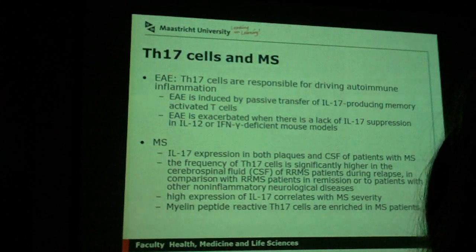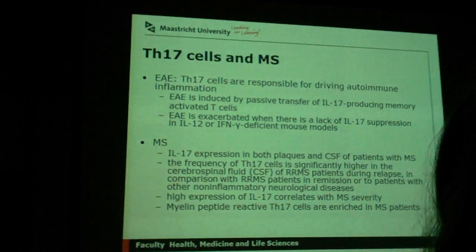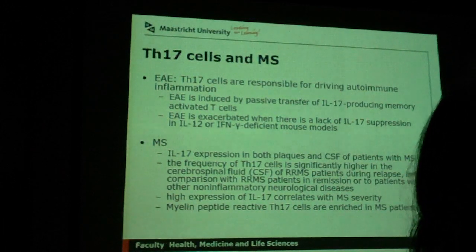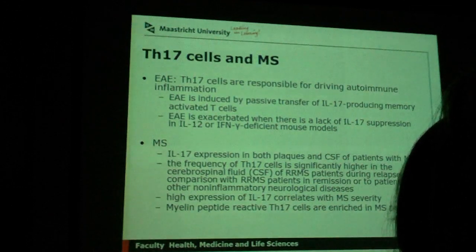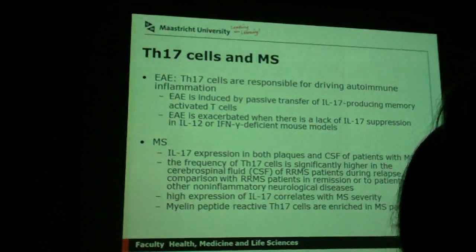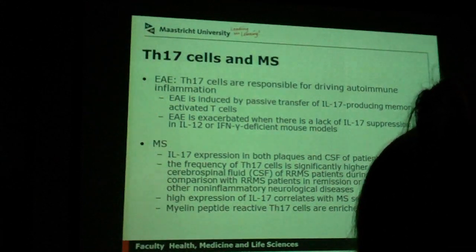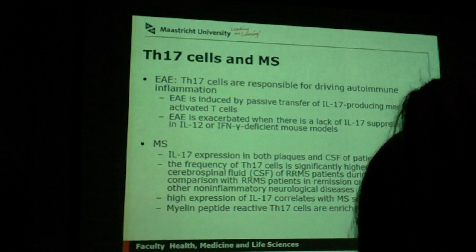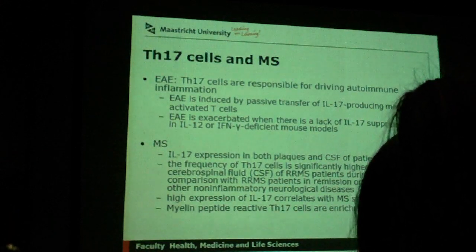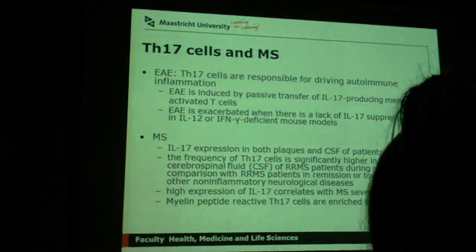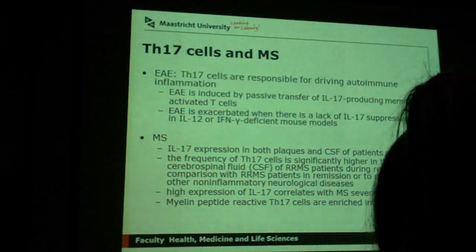And you can also see that the expression of IL-17 correlates with the severity of MS, and cells which are responsive for the attack, which are reactive against myelin peptides, they produce IL-17 in MS patients. So these are indications that maybe MS is also mainly driven by Th17 cells.